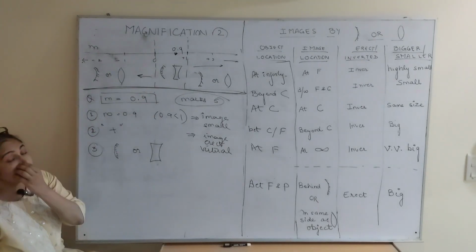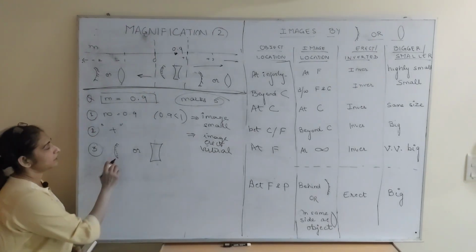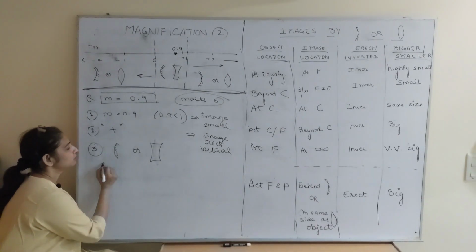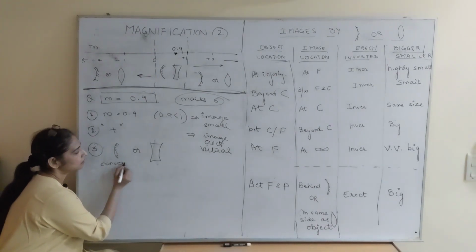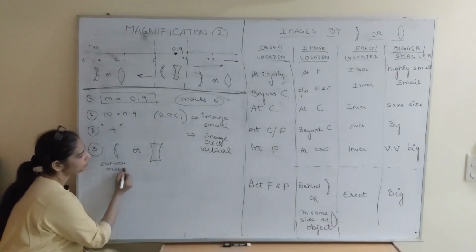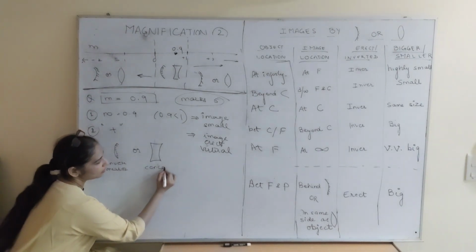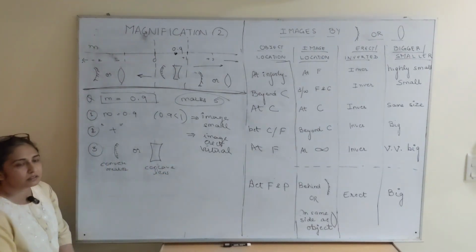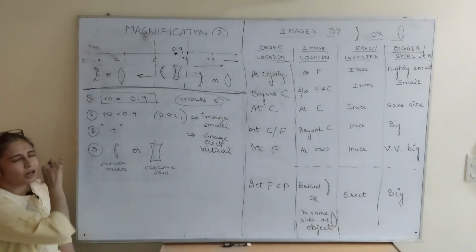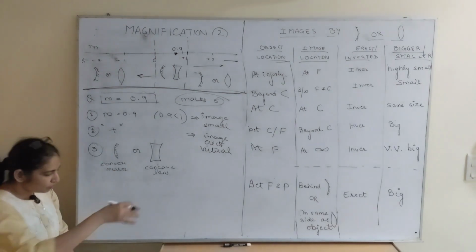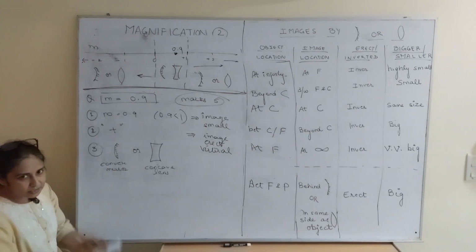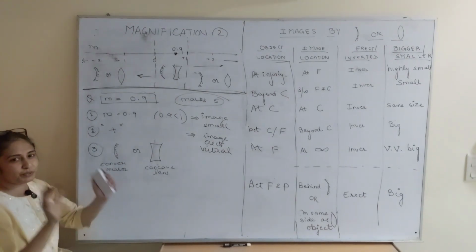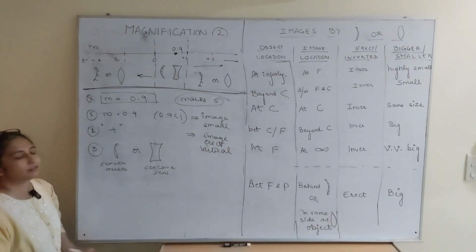See, the number is plus 0.9, so the devices that would be used are either a convex mirror or a concave lens. So easily we could predict it. These are all predictions, and they are 100% true. They are not like the Sadhu Baba prediction type. I'm sorry if somebody is... Okay, they are not predictions, they are facts.